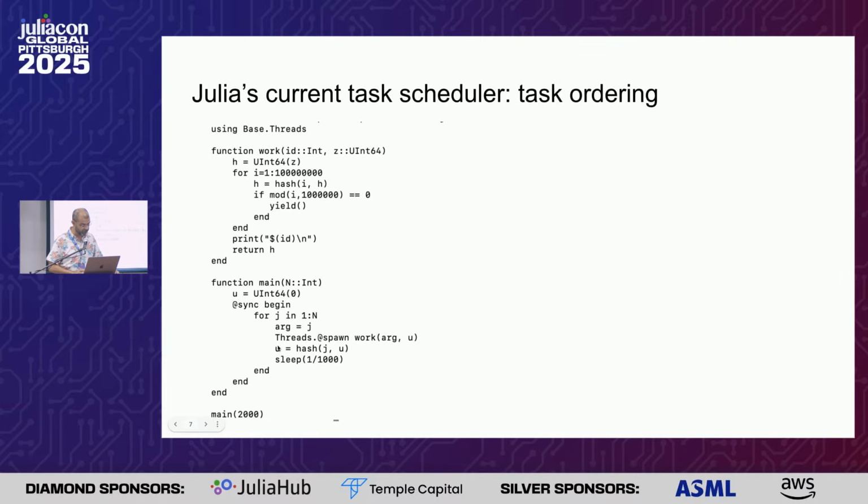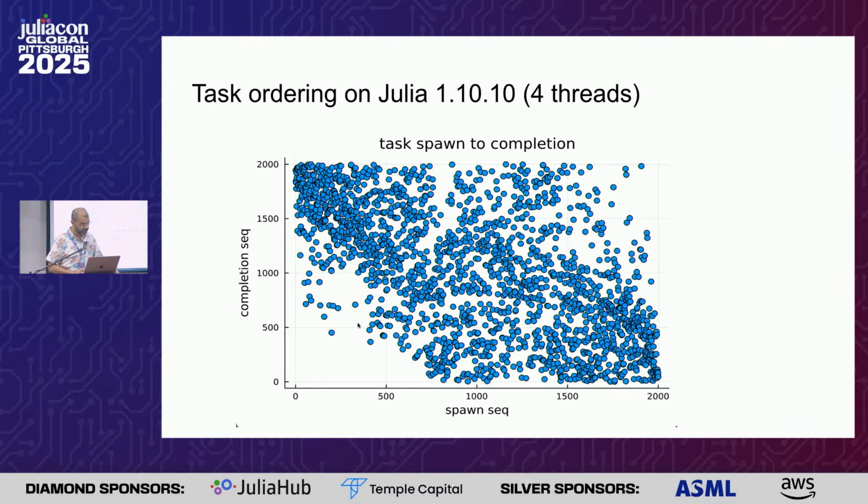So we run 2000 only with spawns of this. And again, we see on Julia 1.10.10 with just 4 threads, you see this blob of spawn sequence to completion sequence, which is again more or less oriented in the opposite direction to what we want for fairness.